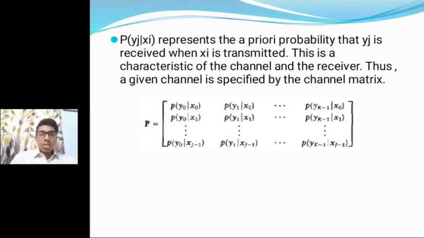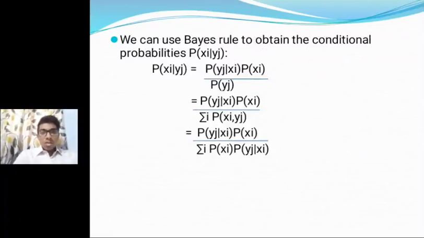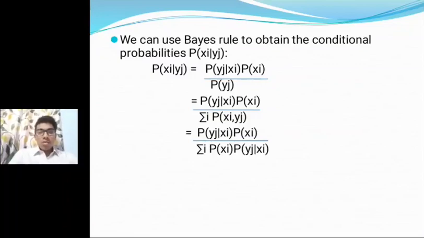The channel matrix is given with p(y0/x0) in the first column, and the second one is p(y0/x1), and so on up to p(y0/yj minus 1), which gives the matrix of the channel. Now to get the uncertainty we can use Bayes' rule to obtain the conditional probability. Why are we using Bayes' rule? Let us take one example.